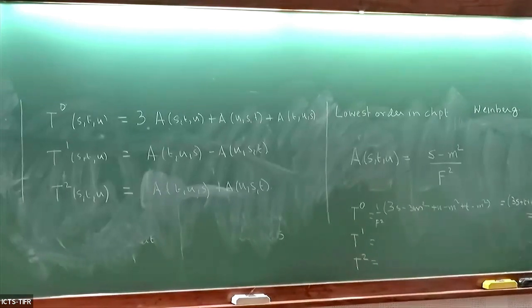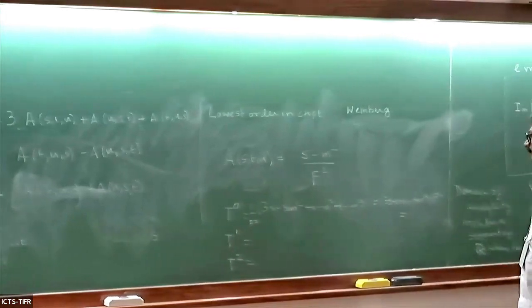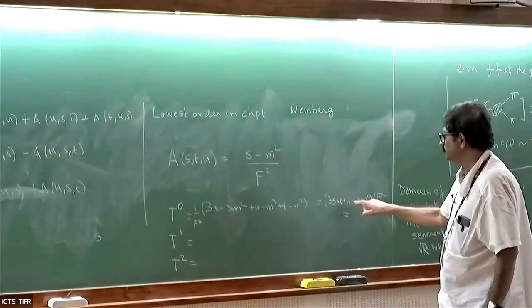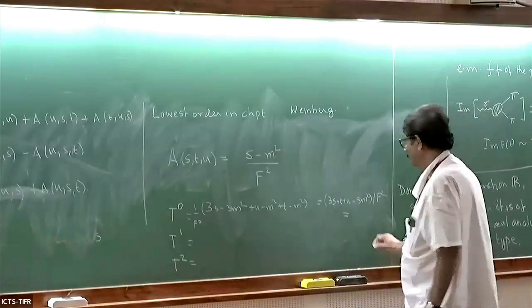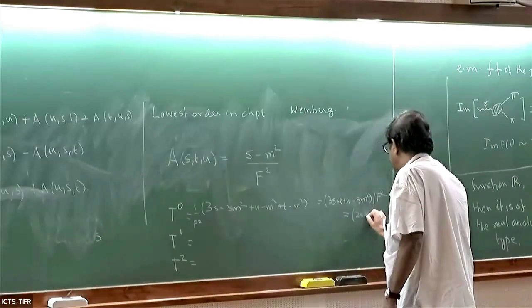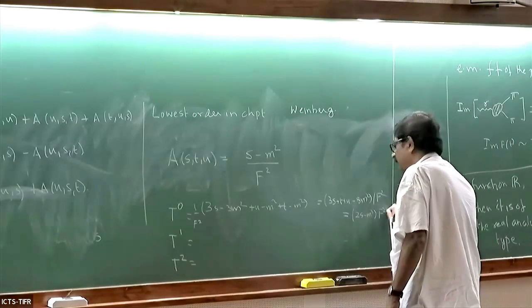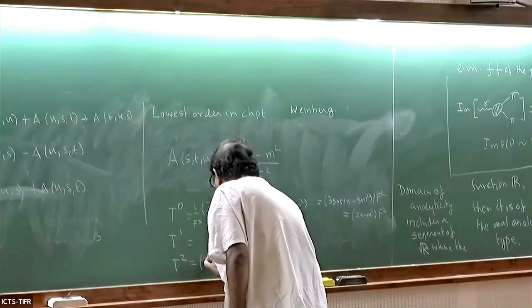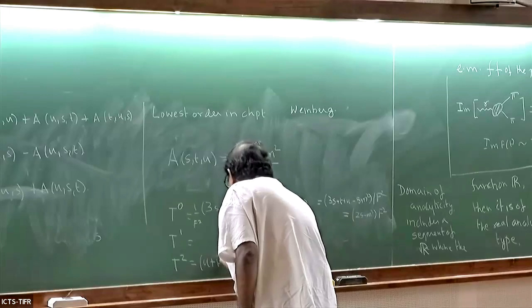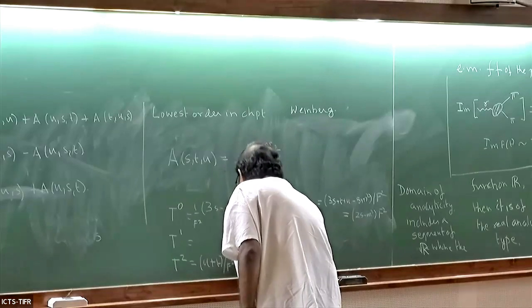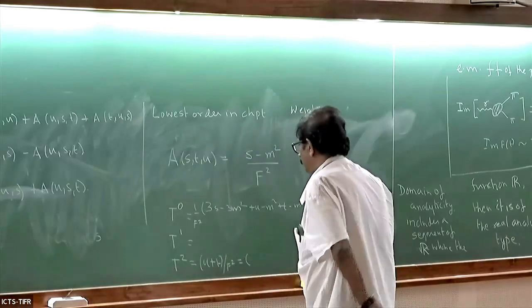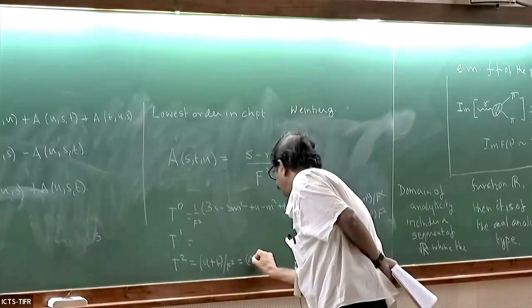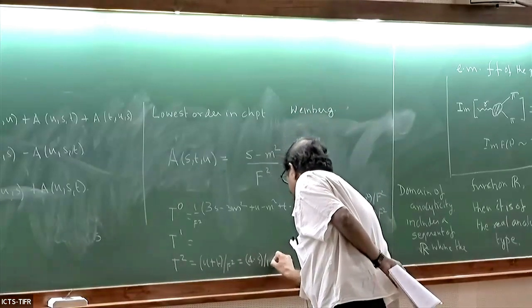Now S plus T plus U is 4 m squared, so 4 minus 5, minus 1, so 2S minus m squared by f squared. Now let's do this. This is U plus T divided by f squared, so that is equal to 4 minus S by f squared.